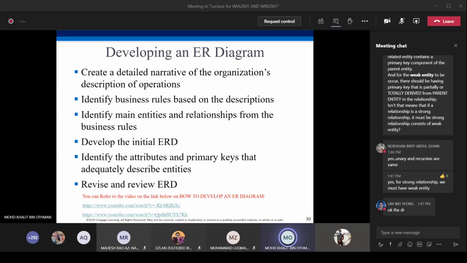You can identify the main entities and the relationships that exist in the particular description. An example of entities for the business rules given are the project entity and the employee entity.